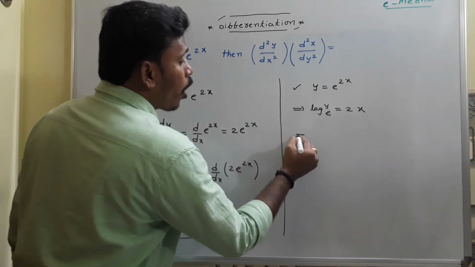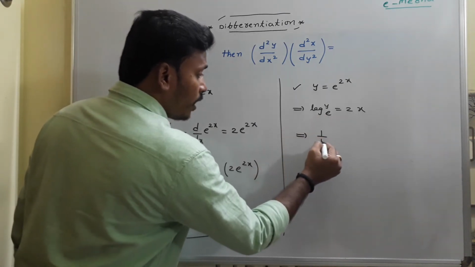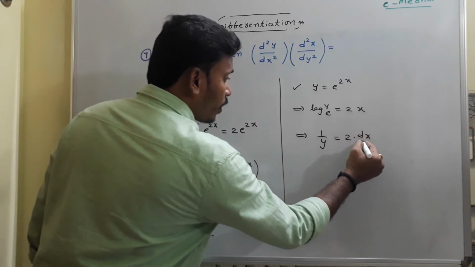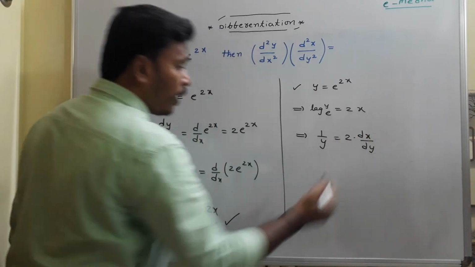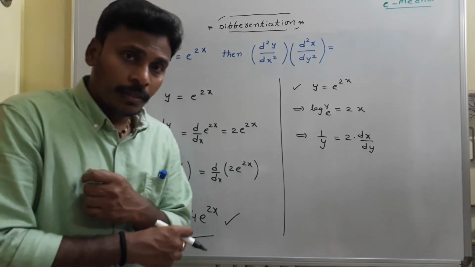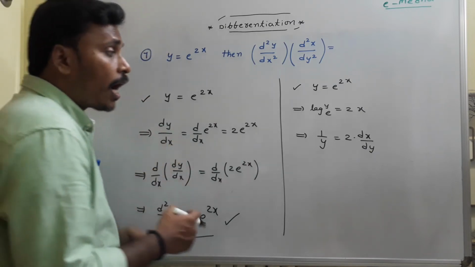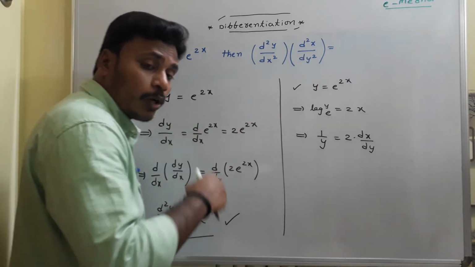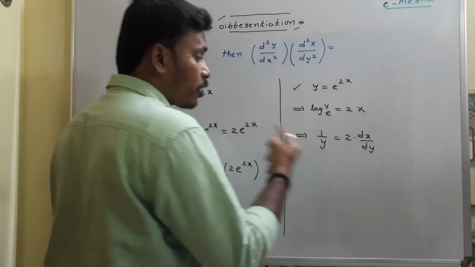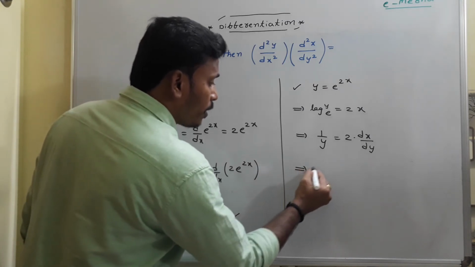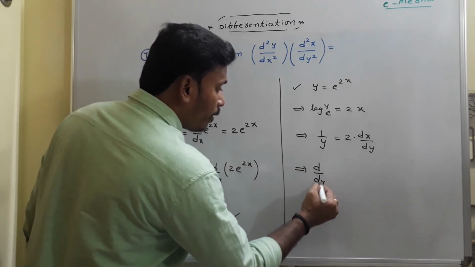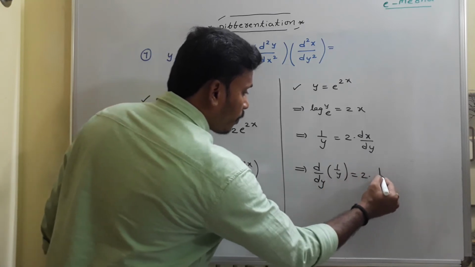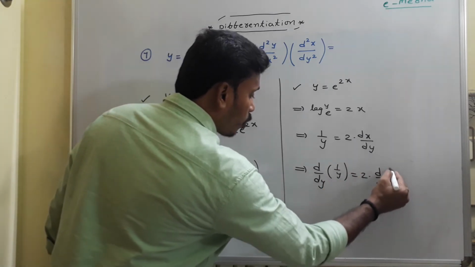The derivative of log y with respect to y is 1 by y, and here 2 is a constant, and its derivative with respect to y is dx by dy. This is dx by dy, and our task is to find d square x by dy square. So we need to differentiate one more time with respect to y on both sides. This implies d by dy of 1 by y on the left side; 2 is a constant, and I am differentiating this dx by dy with respect to y.